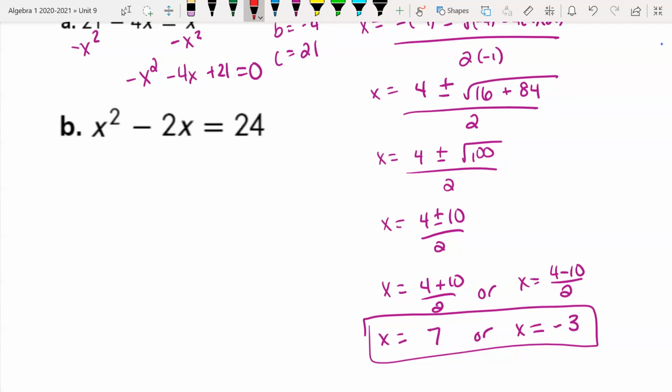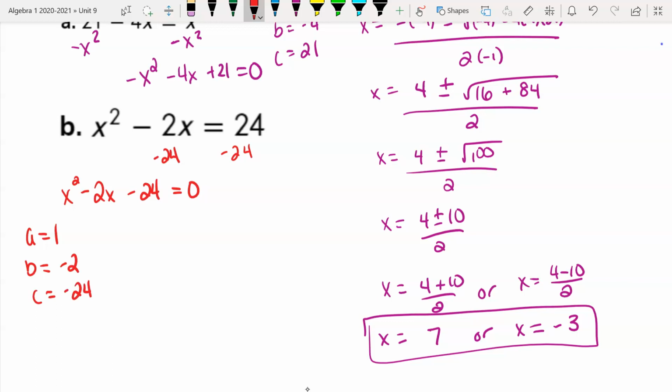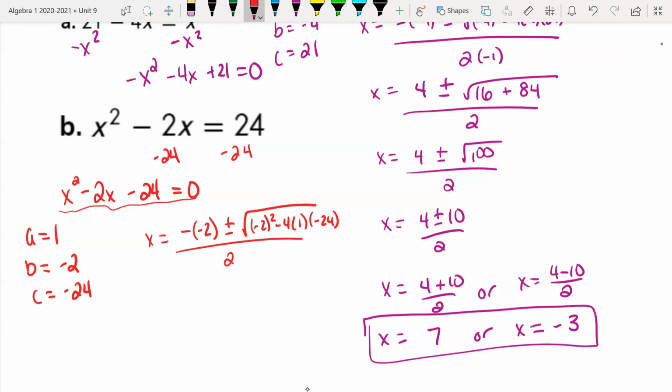All right, on the next one, I would subtract 24. I'm going to say a equals 1, b equals negative 2, c equals negative 24, because I had to get it to standard form first to find my a, b, and c. Then I would say x equals negative 2 plus or minus the square root of b squared minus 4 times a times c all over 2a.